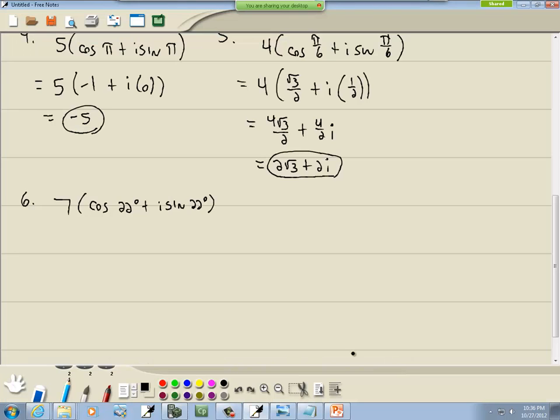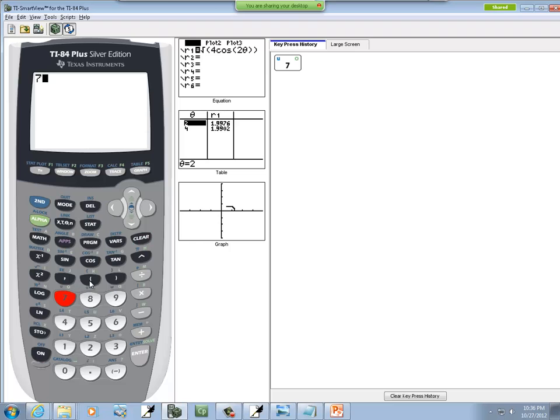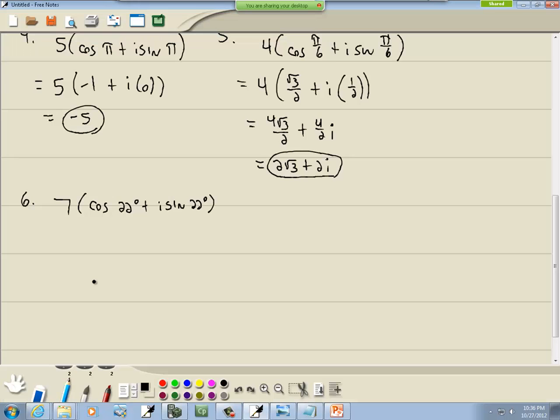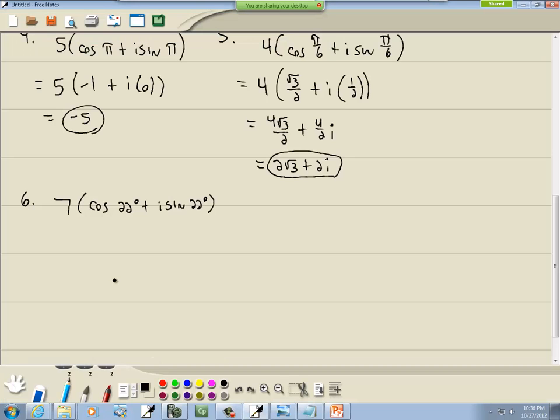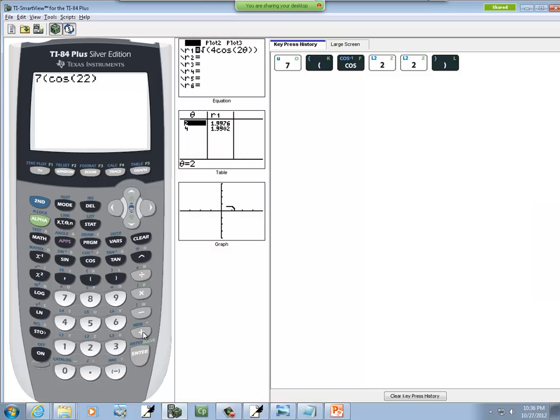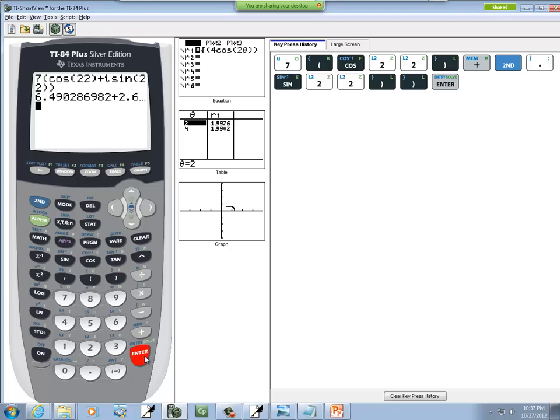And again, we're just typing as we see it. So I got 7, parentheses, cosine of 22 degrees, closing parentheses, plus i. Now i is second decimal, and then sine of 22 degrees. You can put a closing parenthesis on that, and a closing parenthesis on the beginning one, and then press enter.